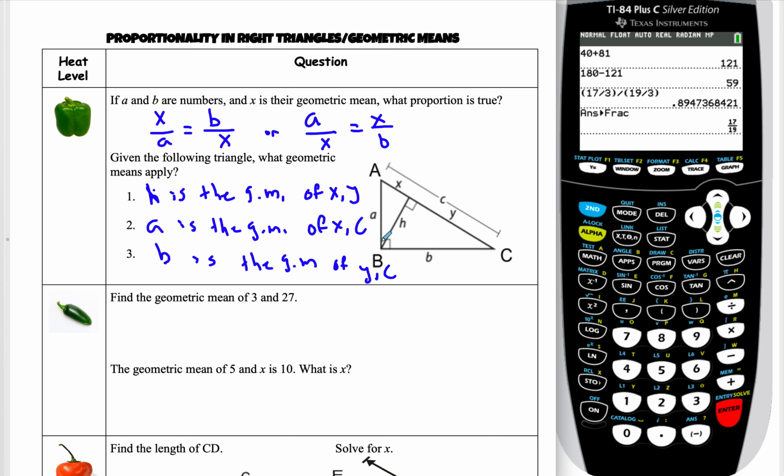So an altitude is the geometric mean of the two pieces of the hypotenuse, and any leg of the big triangle is the geometric mean of the hypotenuse and the adjacent piece. In other words, whatever piece is touching that leg. So x touches a, y touches b. So a is the geometric mean of c and x. b is the geometric mean of c and y. Again, like I said in the other video, think about it in terms of proportions and similarity, and this will be just fine.